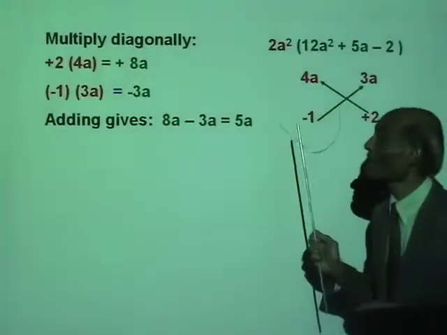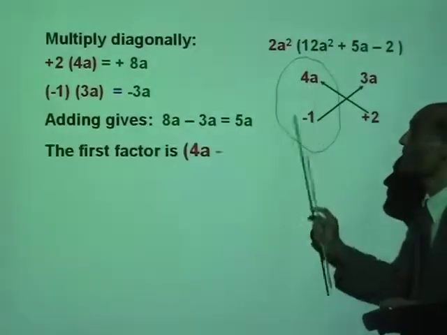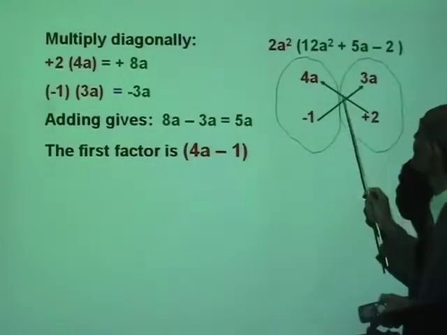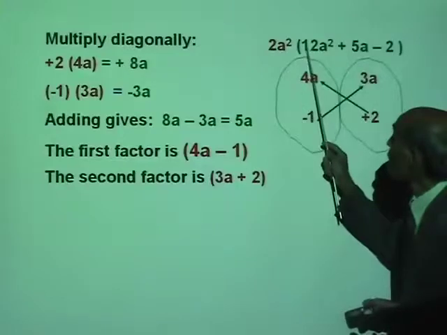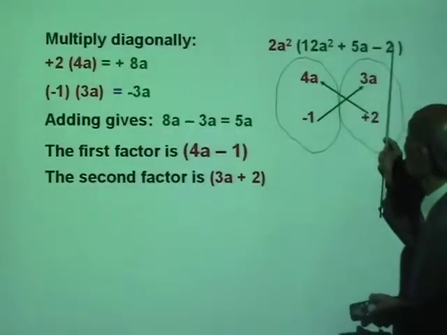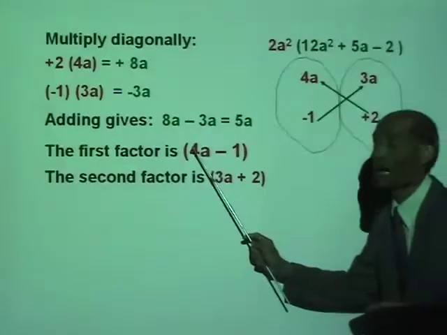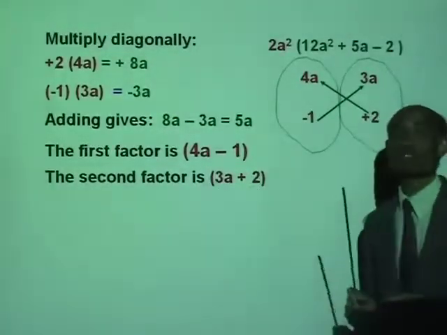What are therefore the factors? The first factor is 4a minus 1, and the second factor is 3a plus 2. So 12a squared plus 5a minus 2 is now factored as 4a minus 1 times 3a plus 2.